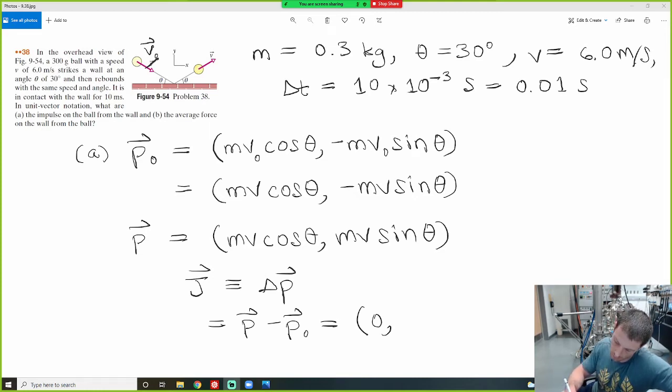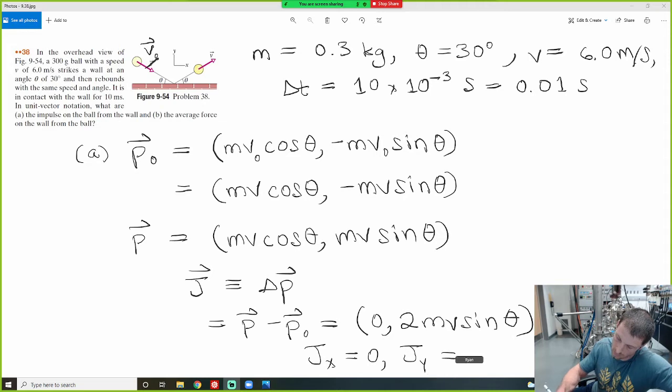So this works out to be 2 mv sine theta. And so we can say that j sub x is 0 and j sub y is 2 mv sine theta.